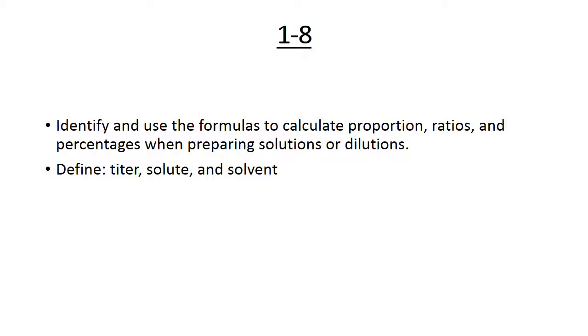Now, the one where we're going to dilute a concentrated solution is just below that, and you see in the reading above that it's a C1, V1, C2, V2 calculation. This formula is very, very commonly used in chemistry to figure out how to make a dilution of a solution.